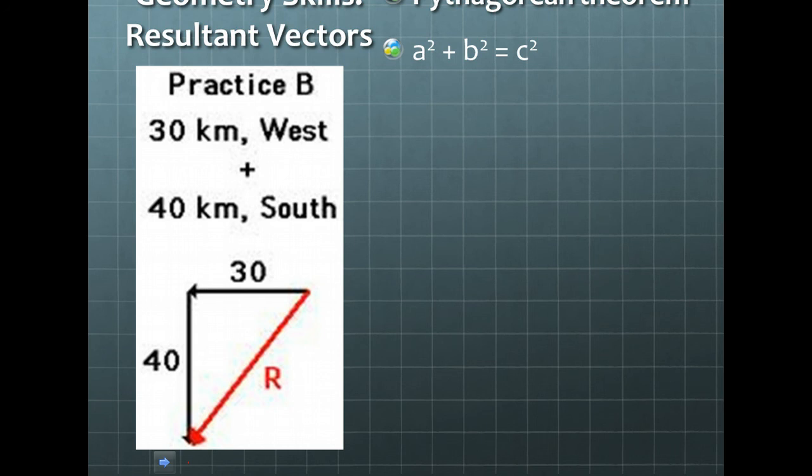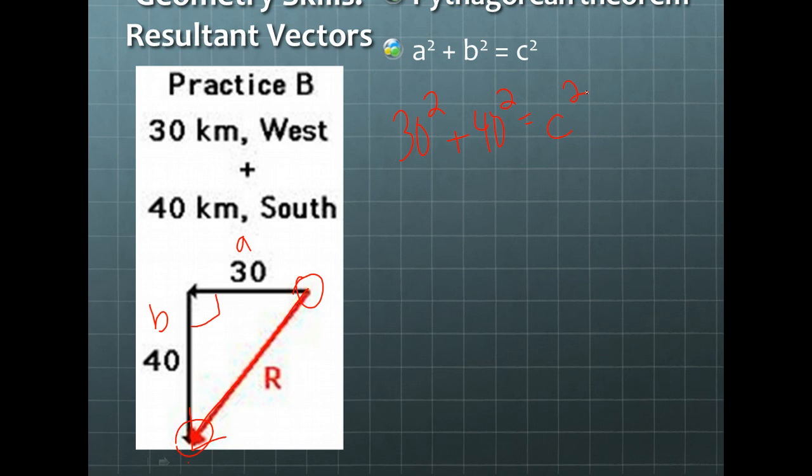Okay, so if this is where we started and this is where we end up, here is our displacement. Okay. So here's our right triangle. It doesn't matter what we call A and what we call B. So I'm just going to call this A and this B. So I'm going to say 30 squared plus 40 squared equals C squared.